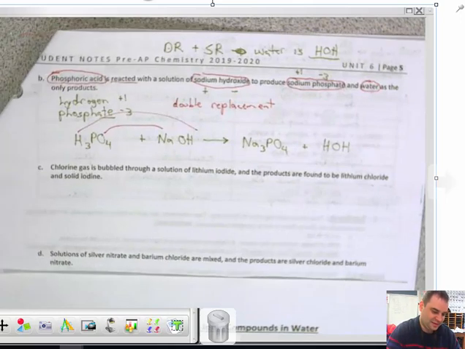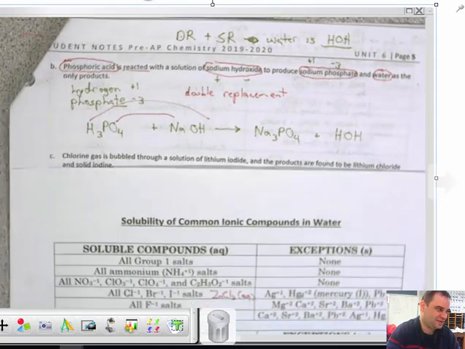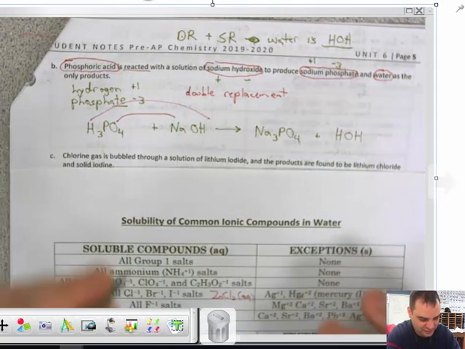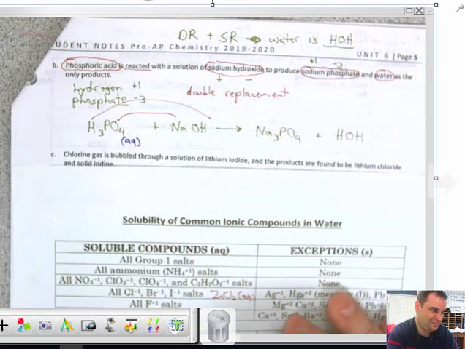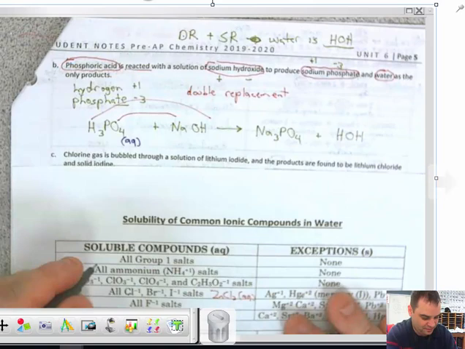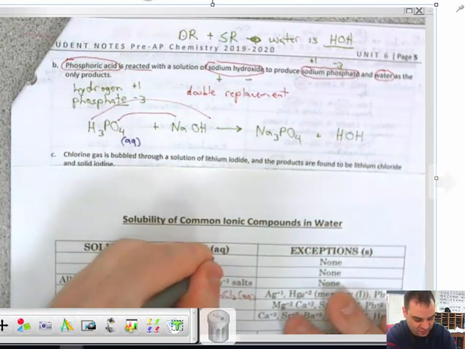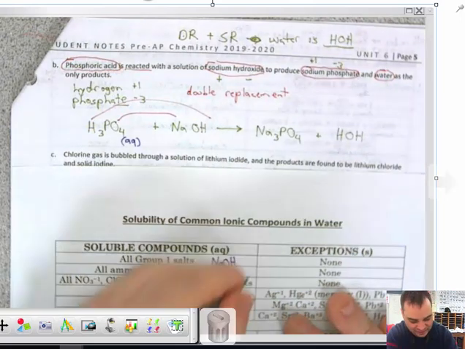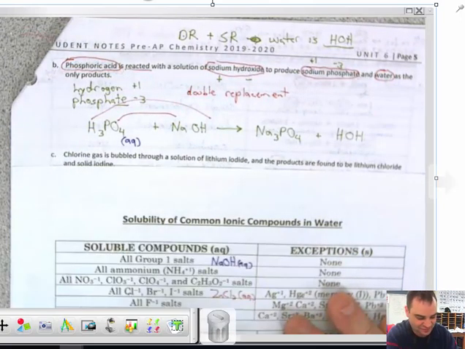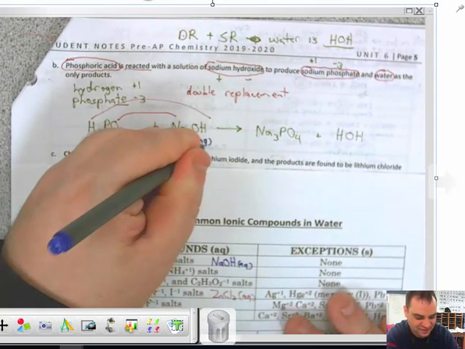Okay, time to put in the state symbols here. We know all acids are aqueous. Okay? NaOH, Na falls under the group 1 rule right here, because Na is in group 1, so this is aqueous. So this is going to be an aqueous salt right there.